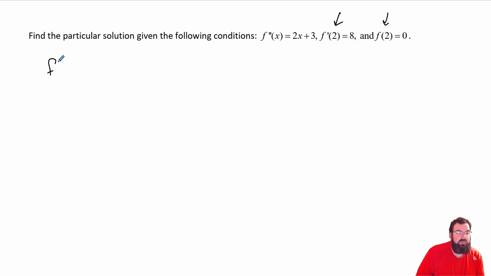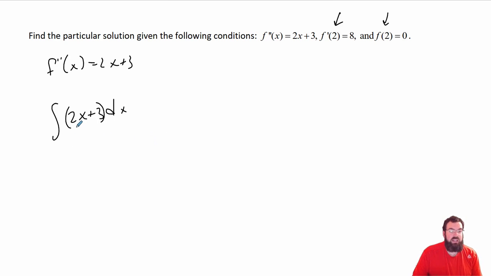So if I know the double derivative is equal to 2x plus 3, then I'm going to take the 2x plus 3 and I'm going to integrate it. This is going to give me f prime. When I do this, I get x squared over 2 plus 3x plus c.